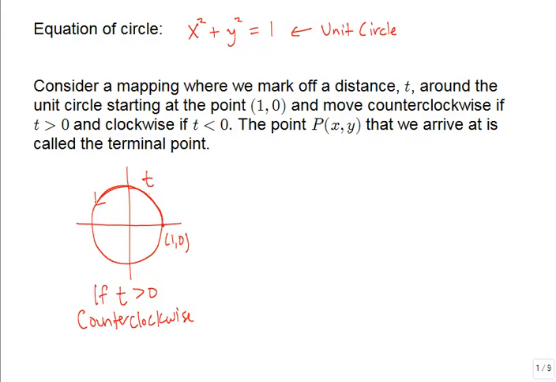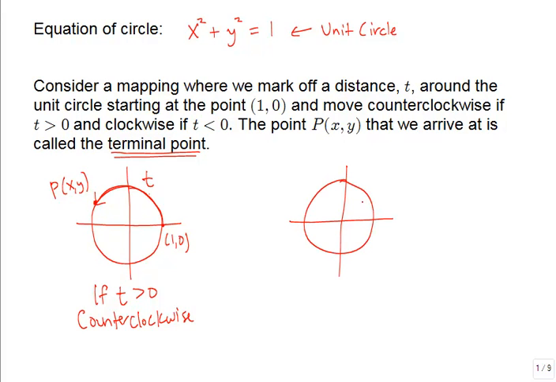Now the point where we stop is just some point p with coordinates x, y, and we are going to call that point the terminal point. So associated with every distance t going around our unit circle, there is a terminal point that has coordinates x, y. Now what happens if this t is negative?